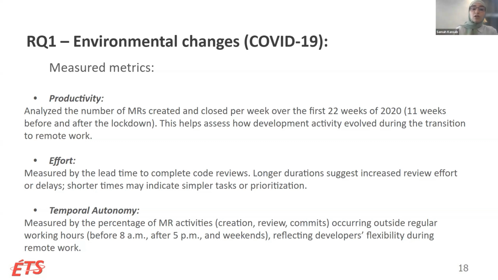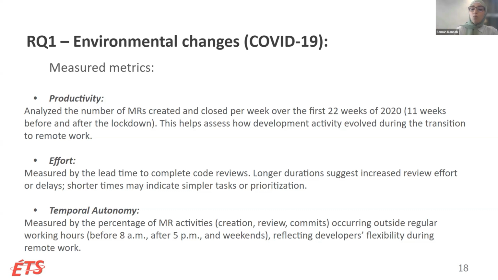Then also the effort. The effort is measured in the literature by looking at what we call the lead time, or the time to complete the code review. So we have analyzed how long the merge requests take on average before and after COVID to get accepted or rejected, and also the temporal autonomy.